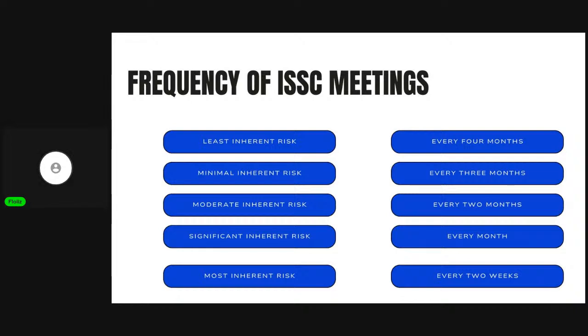Now, one thing you should take from this is every institution, based on the report submission that was carried out March 31st, you now have your inherent risk.